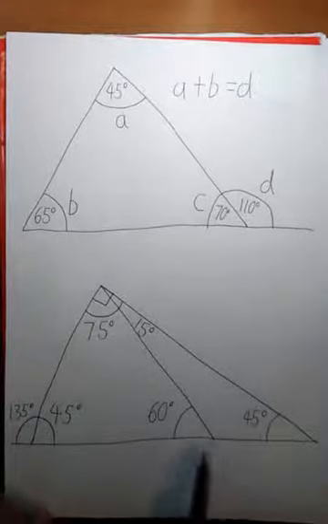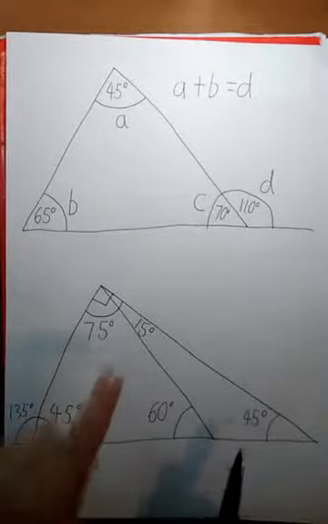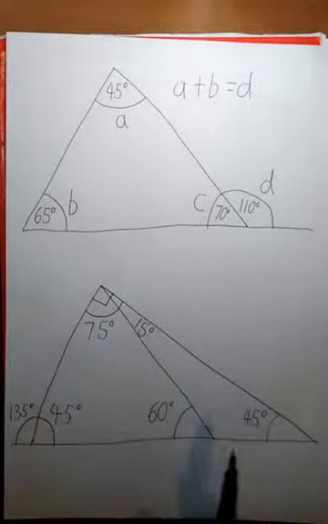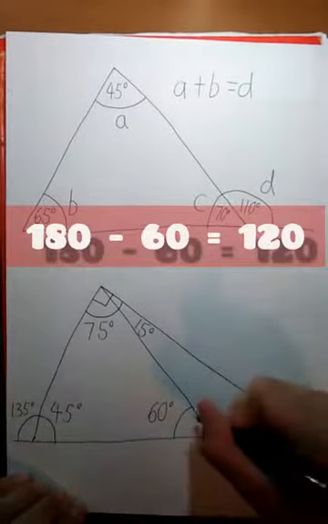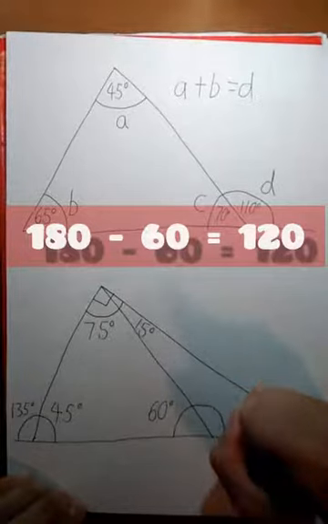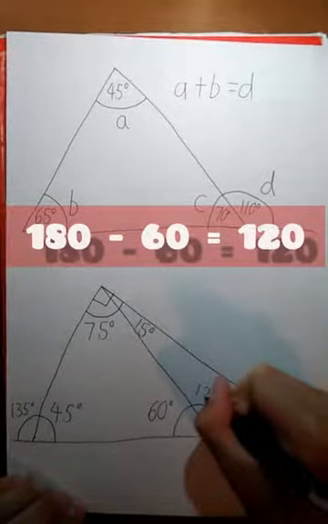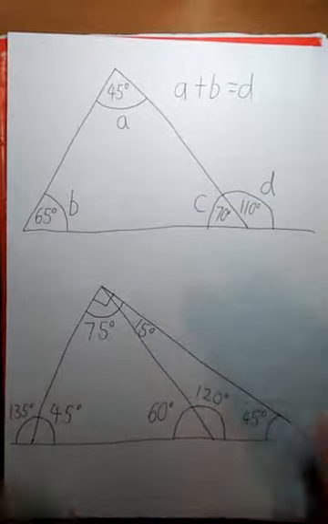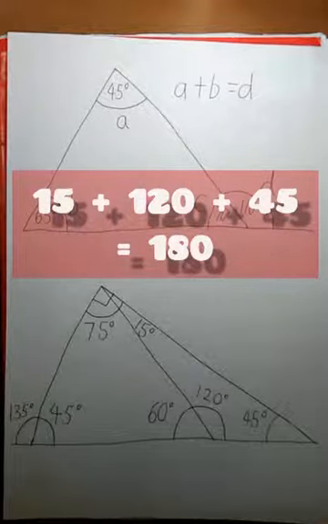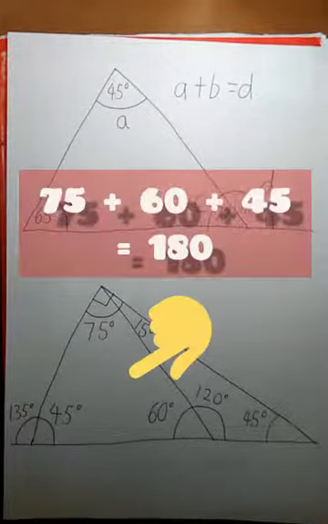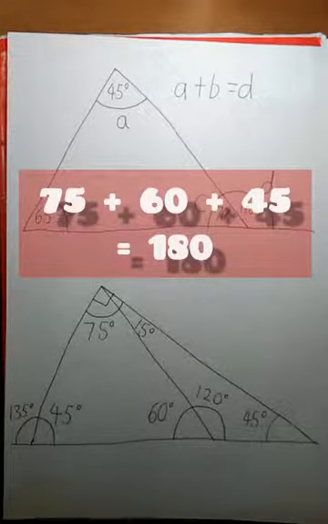We can do the 180 minus 60, or we can add these two and take that away from 180, but I'm just going to use the simpler method. 180 minus 60 is 120 degrees here. And to double check that these triangles are correct, 15 plus 120 plus 45 does equal 180, and for this triangle, 75 plus 60 plus 45 also equals 180.